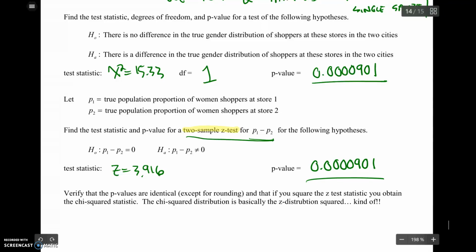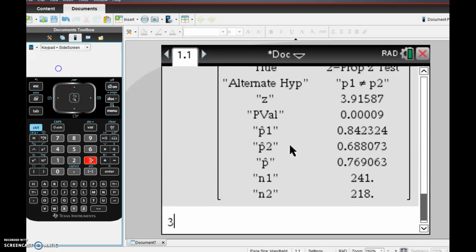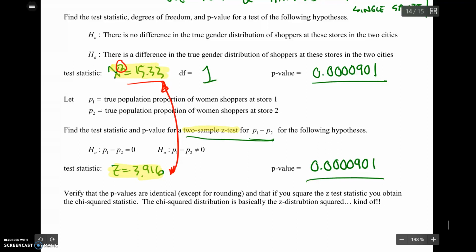And then the second question I was going to ask is, does it look like there's a relationship between these two test statistics? If you square this one, it's going to generate that one. There's a reason why we call this the chi-square test statistic. If you take 3.916 squared, it gives you this value here.